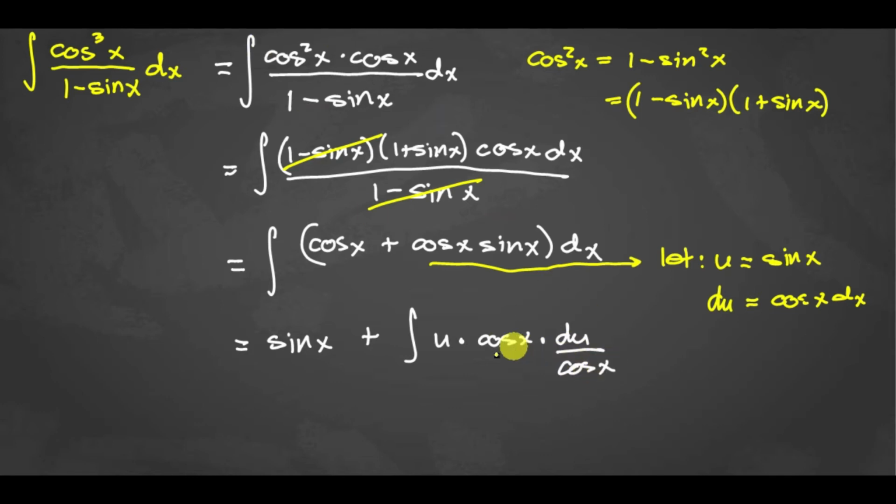Then we can cancel out cosine x here, and the integral of u du is simply 1/2 times u squared. Then our u is sine x, so taking its square, that is 1/2 sine squared x plus c.